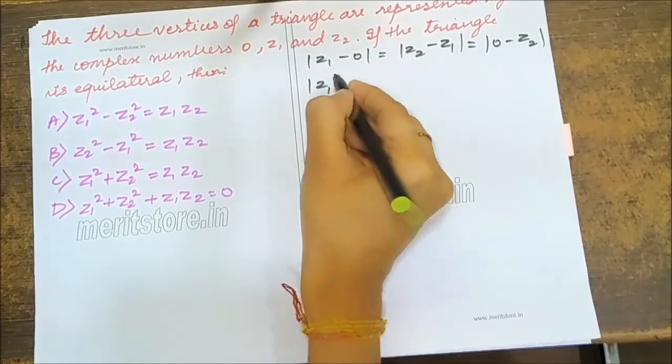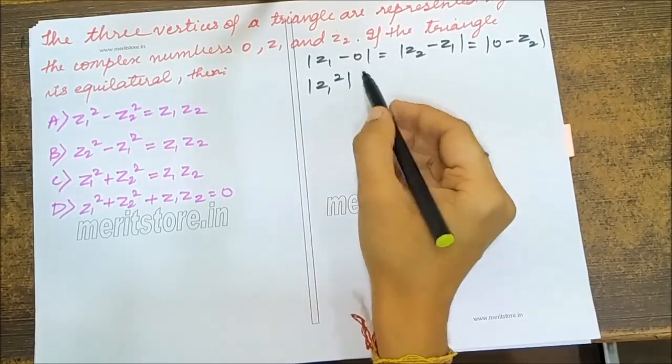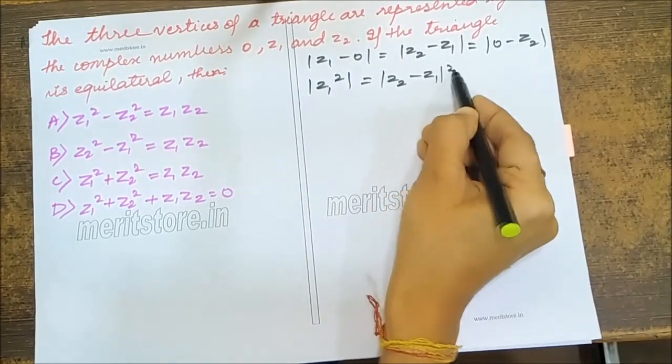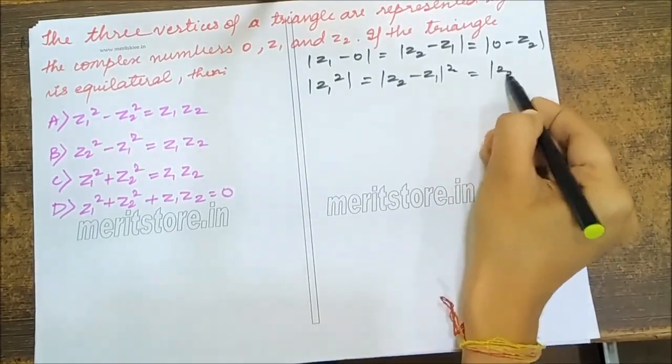So z1 square is equal to z2 minus z1 square is equal to z2 square.